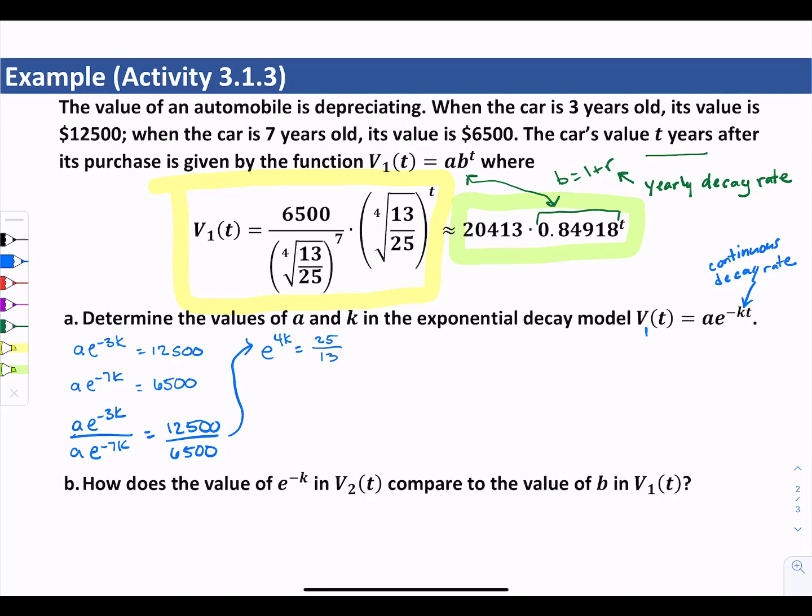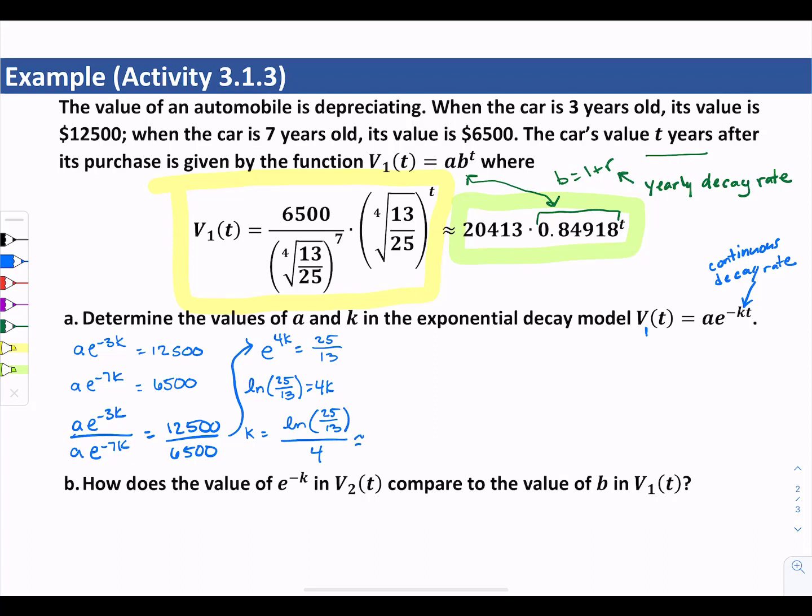And we can use logarithms to reverse this exponential function. So we'll end up with the natural log of 25 over 13 equals 4k. And then dividing by 4, k equals exactly the natural log of 25 over 13 divided by 4.